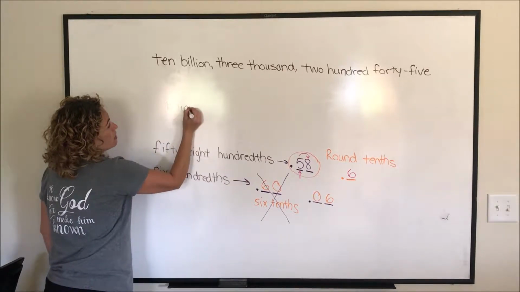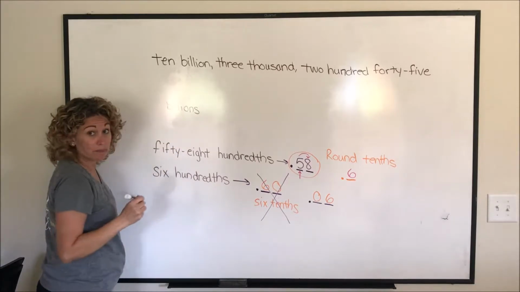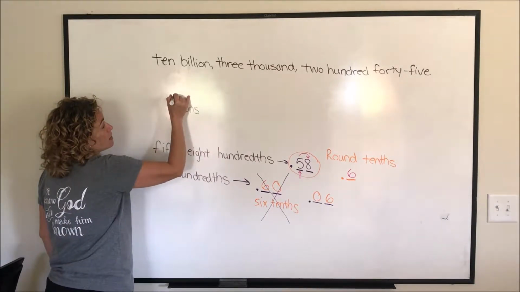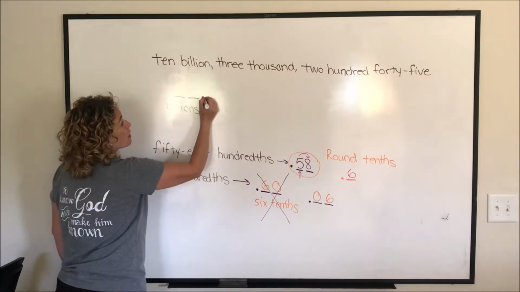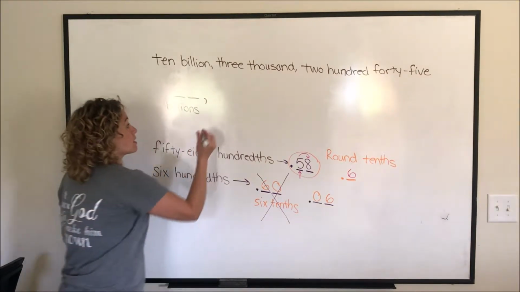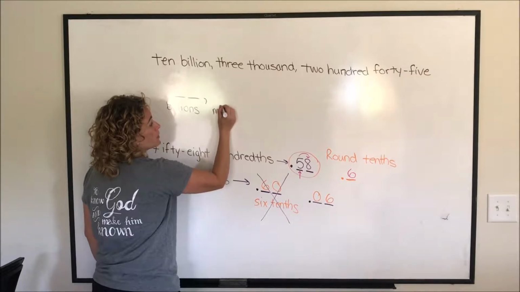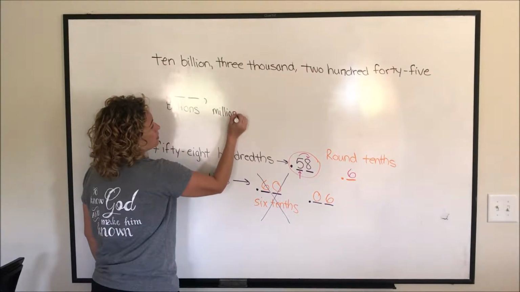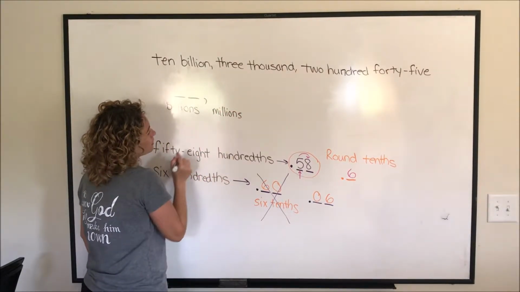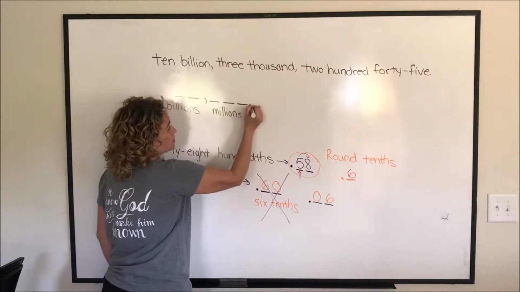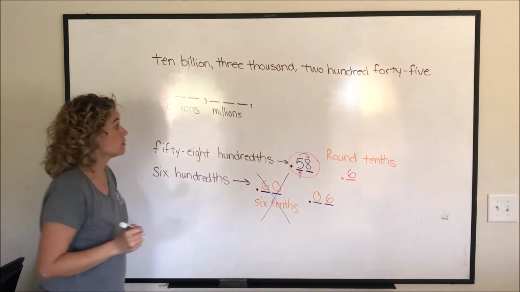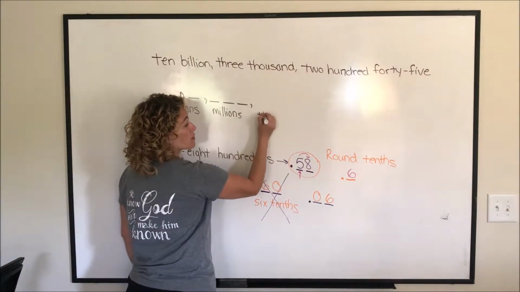and I need 10 of them, which means we're going to have tens place and the ones place in the billions, comma. The next thing we would have would be the millions. Okay? They have hundreds, tens, and ones. Okay? Then we have the thousands.